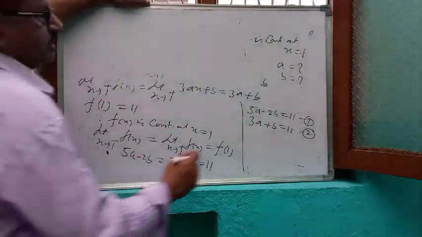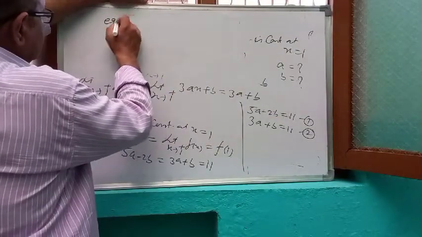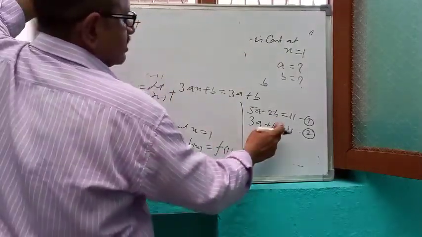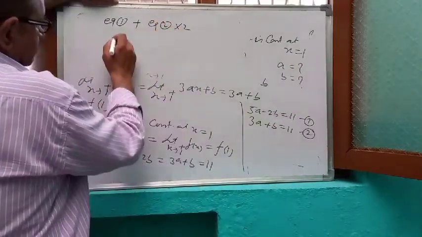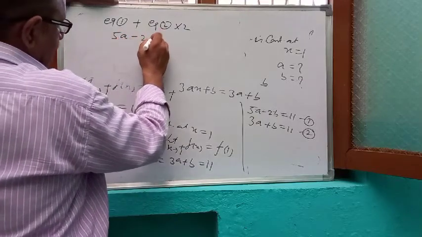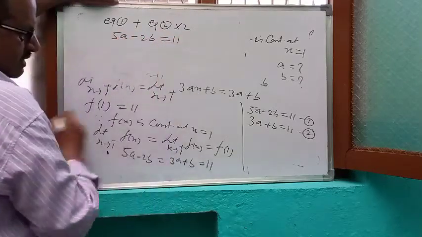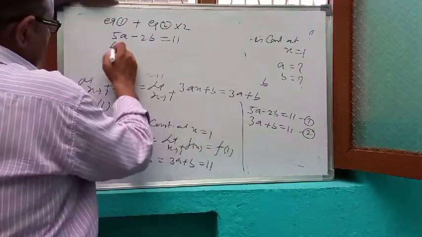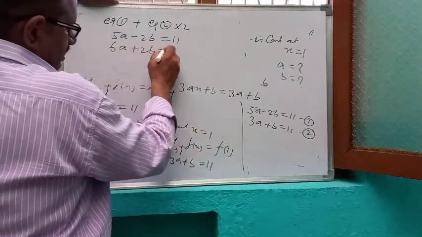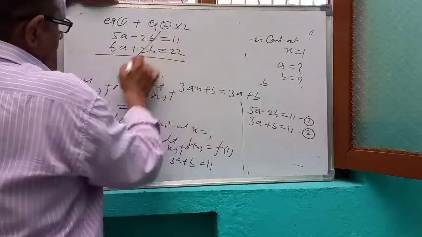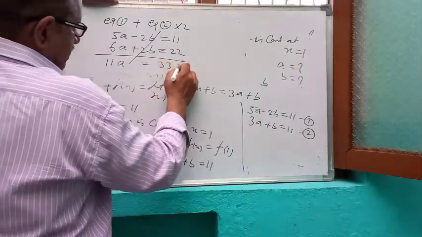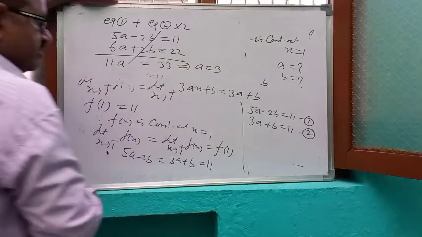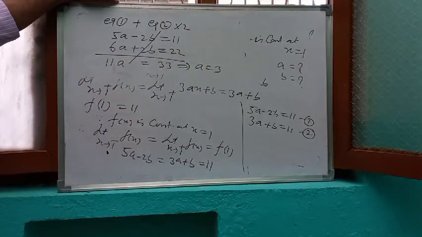So how can we solve it? Write equation 1 plus 2 into equation 2, that is, equation 2 multiplied by 2. Equation 1 is 5a minus 2b is equal to 11, and multiplied by 2, 2 threes are 6a plus 2b is equal to 22. Add it. Plus 2b, minus 2b cancel. 6 plus 5, 11a, is equal to 33. So what will be a? a is equal to 3.